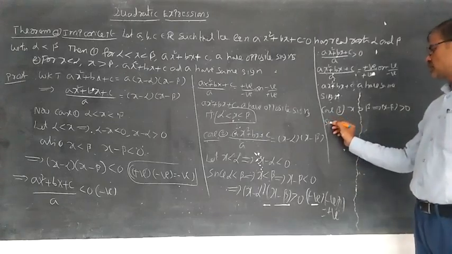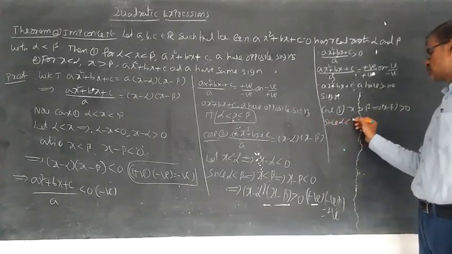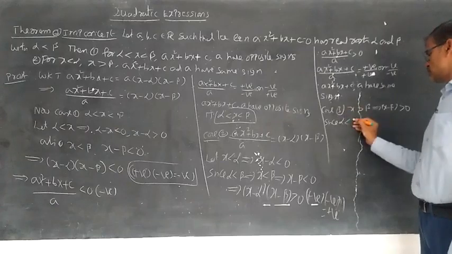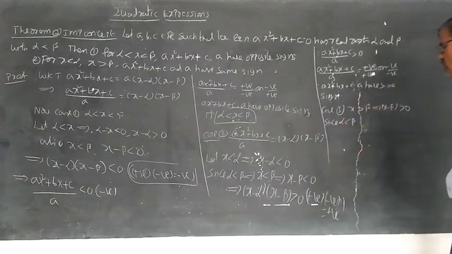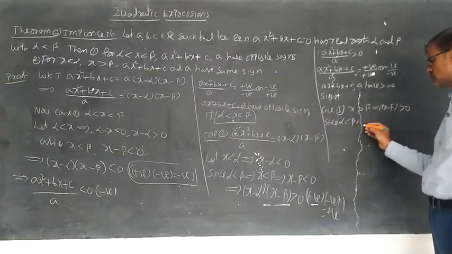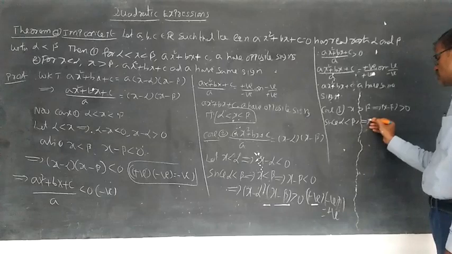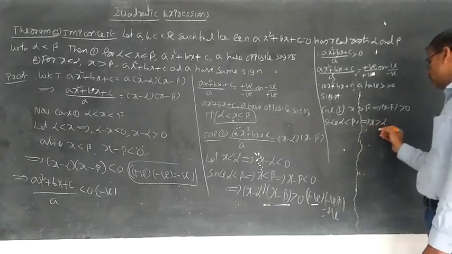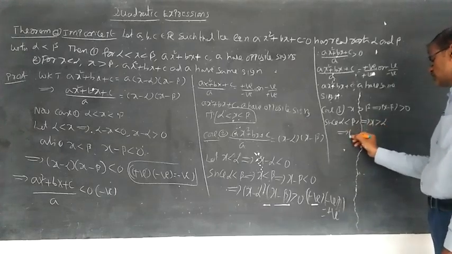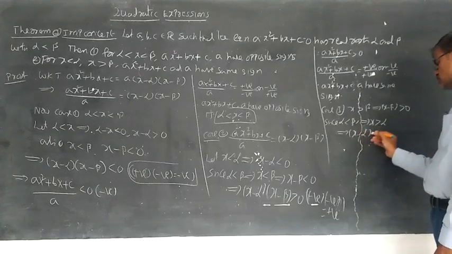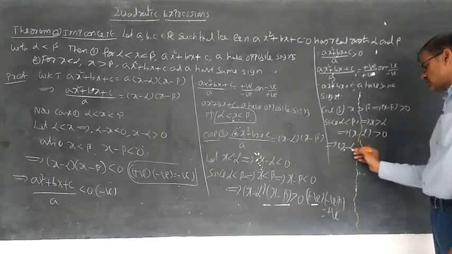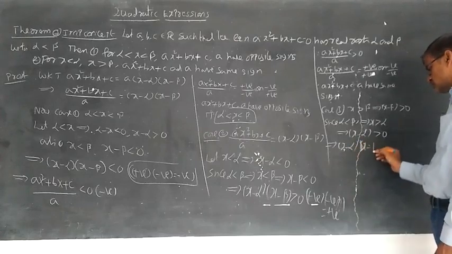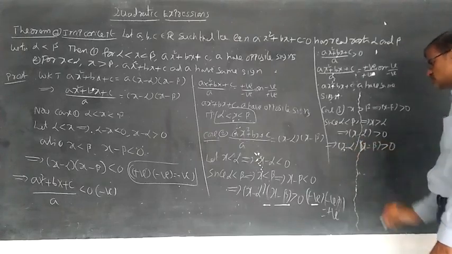Now, since alpha is less than beta, try to understand here x is bigger than beta. Whenever alpha is smaller than beta, then x is even bigger than alpha. So whenever x is bigger than alpha, you can understand x minus alpha is greater than 0. That implies we can write x minus alpha into x minus beta greater than 0.